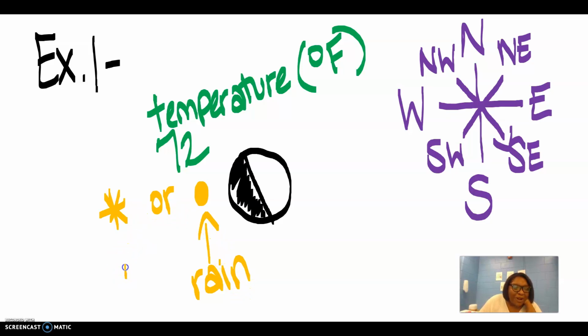And if you see a star here, you want to guess what kind of precipitation that is? Did you say snow? Very good. Yep, that would be snow. So it's important for us to understand that precipitation is going to be shown below the temperature on the left side of your station model.